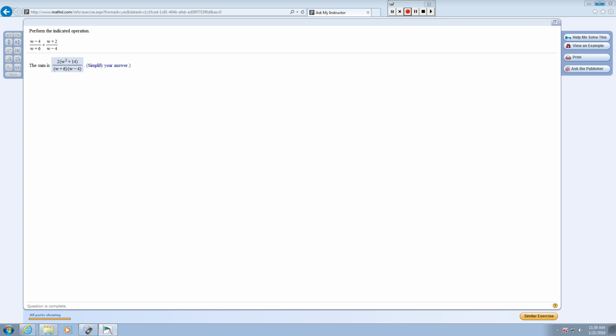All right, how many times will W plus 6 go into this? W minus 4 times, Hubert. That's right. And W minus 4 times W minus 4 is what? W minus 4 quantity squared. What's missing here? W plus 4 will go in here how many times?